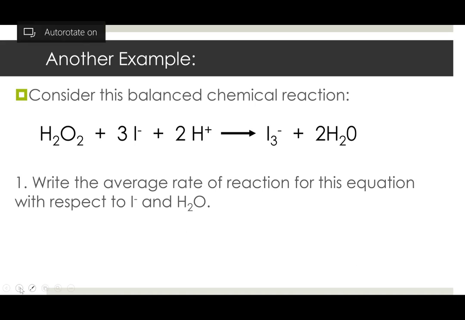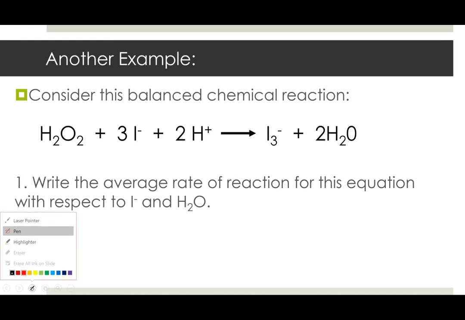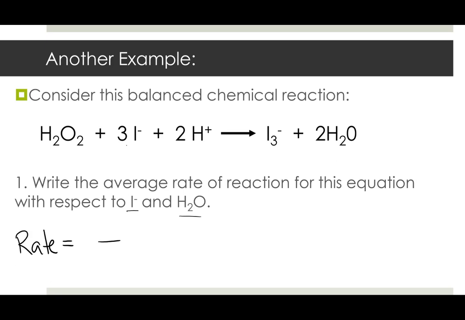Okay. So what we're going to do here is we're going to write the following. So write the average rate of the reaction for this equation with respect to I and H2O. So we're going to say rate equals, okay? So the first I'm going to do is this iodine here. So first and foremost, it is a reactant, so the concentration is going to go down.